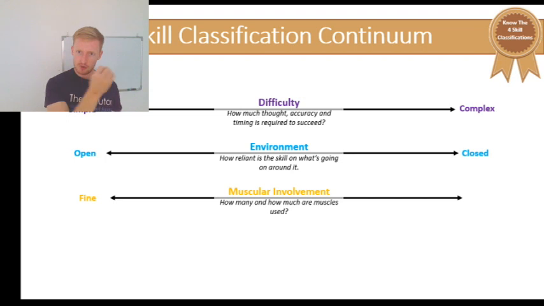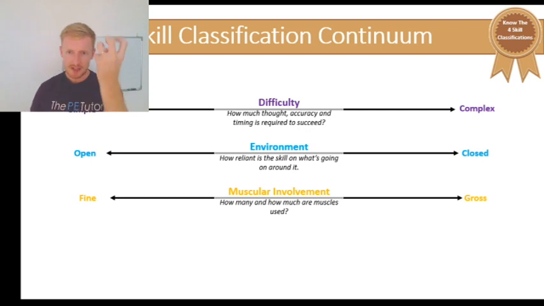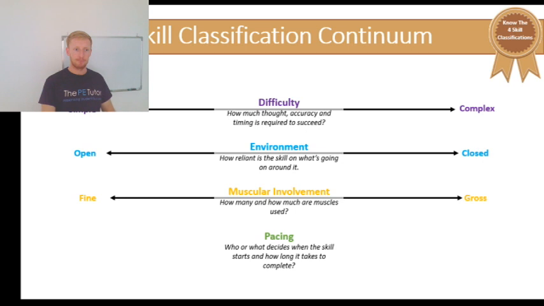So we've got two ends of this continuum: fine and gross. If something is fine, it's very precise, it's small, refined. Whereas gross is big, large, powerful, lots going on. Whereas fine is small, delicate.